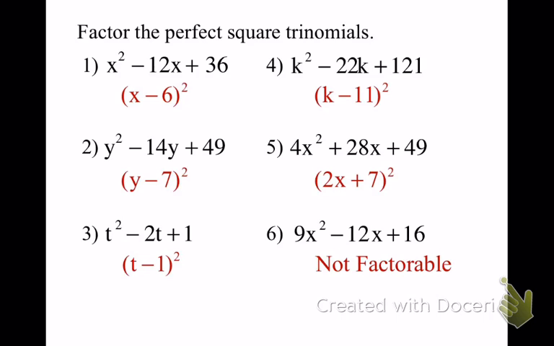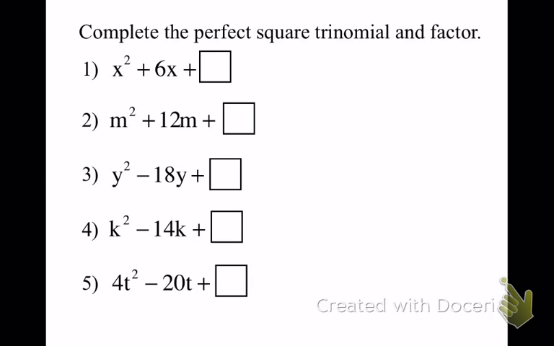Now, remember, let's try this. Let's complete the square. So, when we are completing the perfect square trinomial, basically we know the number times 2. Since we got that middle term by multiplying by 2, let's divide it by 2.